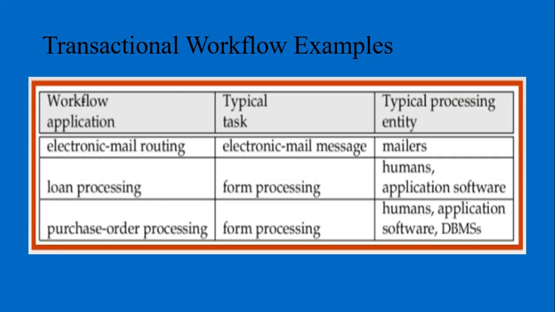Now, digital application forms are available which are validated on filling, and further, the loan officer just needs to approve or reject the loan. The third one is purchase order processing, in which humans interact with application software for calculating the items purchased. The amount for those items is stored in the database.